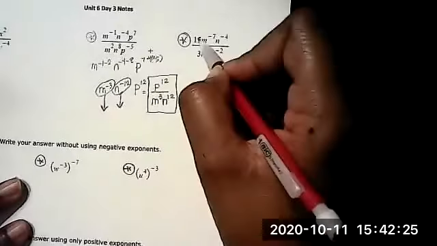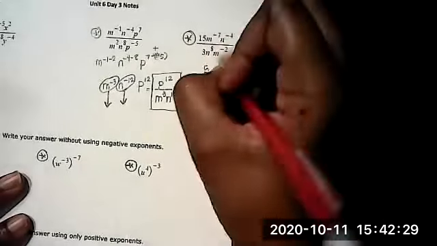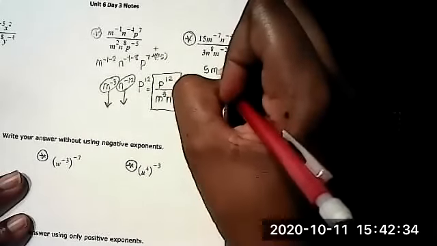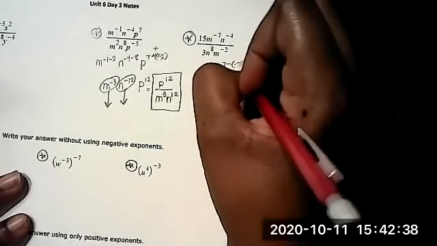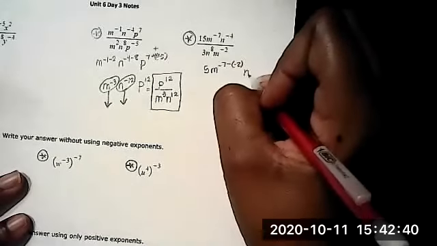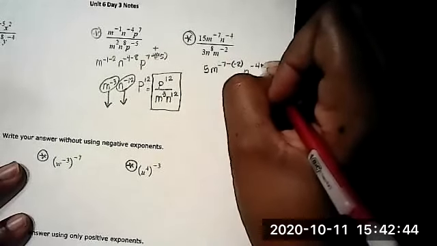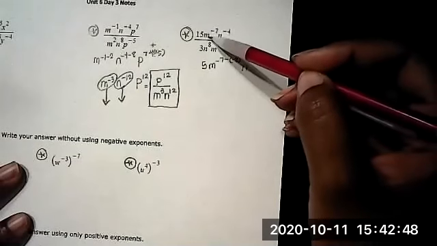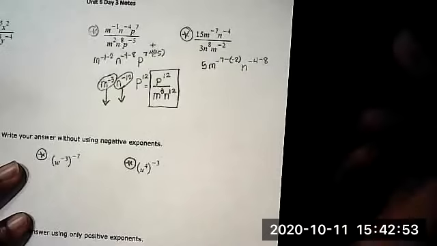Let's get through this. 15 divided by 3, hopefully you know it's 5. And the m's have to be together. So this is -7 minus -2. N has to be together. So they tried to trick you here. -4 minus 8. So you see how they put the N first here and the M, but the M's have to go with the M's and the N has to go with the N's. Subtract them.